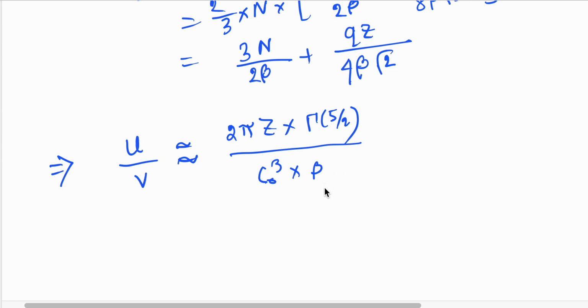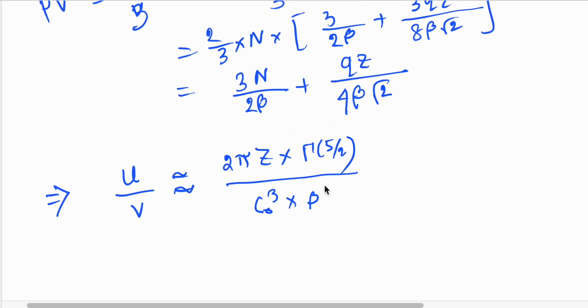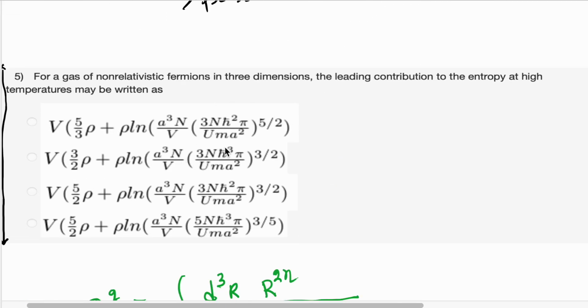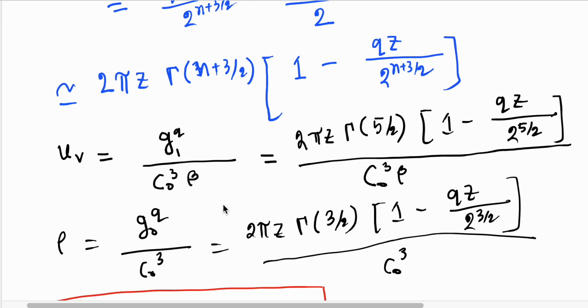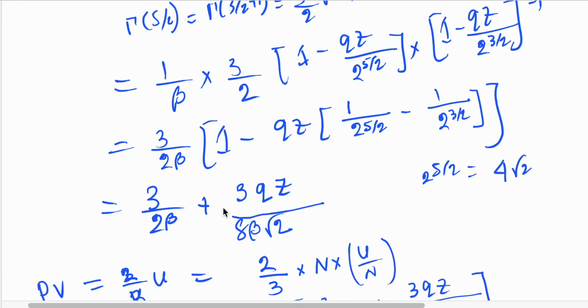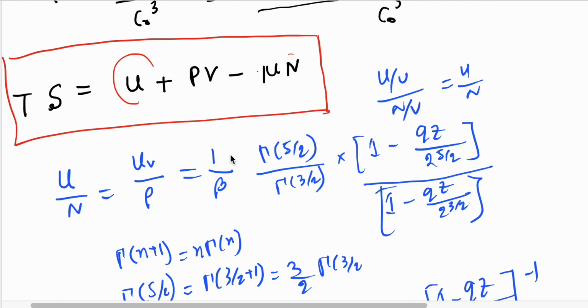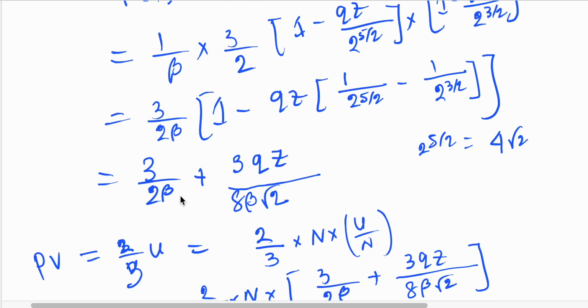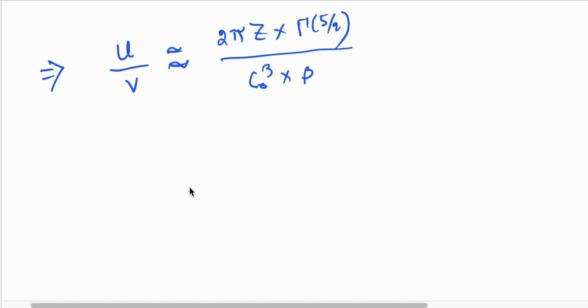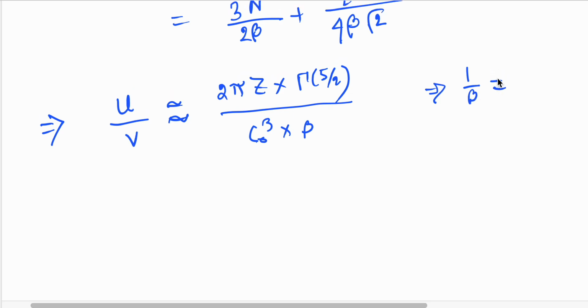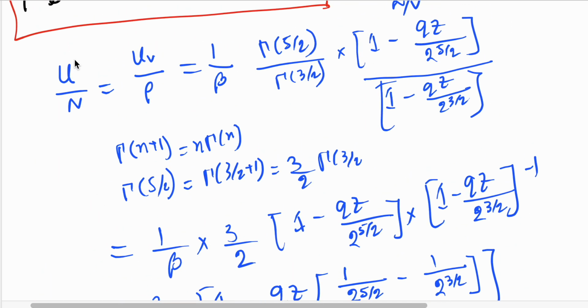To do so, since there is no beta sitting in this equation, we also have to invert the relation for beta. For that purpose we take the value of beta from u by n.